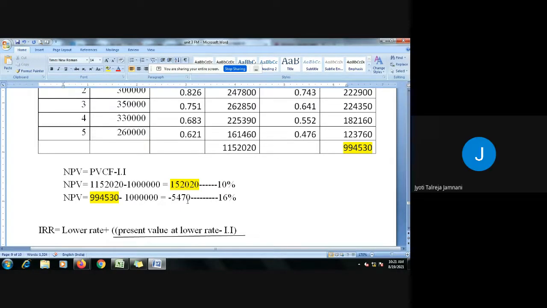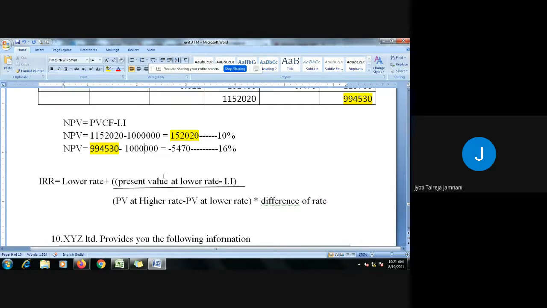So this is the formula that we will use to calculate the IRR. So IRR is equal to first lower rate. Out of 10 and 16, the lower rate is 10. 10 plus. Then we'll put it in the bracket. We have to see present value at lower rate, which is 11 lakh 52,020 at 10% present value.